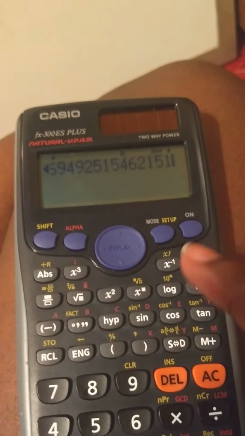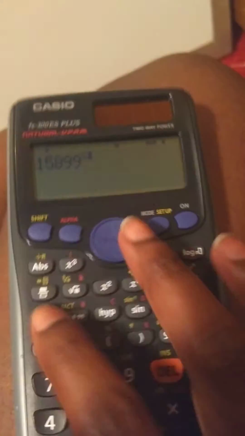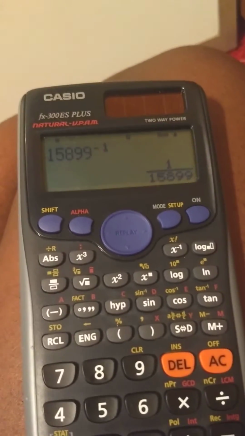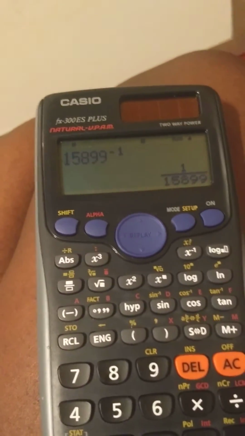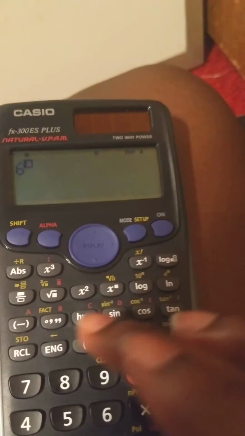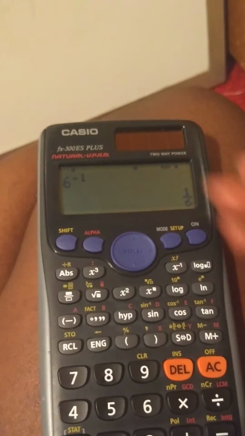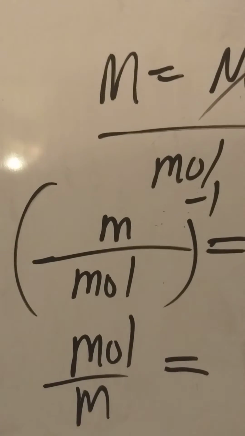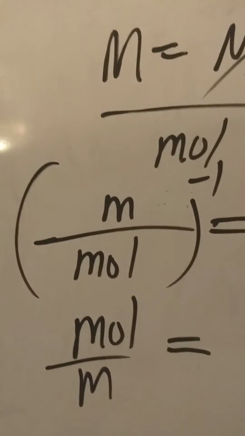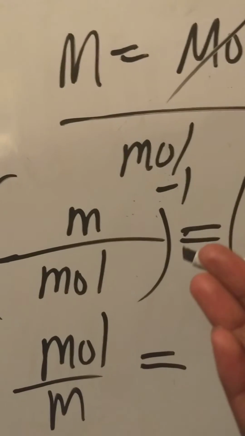A bunch of random numbers to the power of negative 1 equals 1 over those random numbers. 6 to the power of negative 1 is 1 over 6. These are reciprocals. So basically what's happening in this equation is everything is just being turned over.